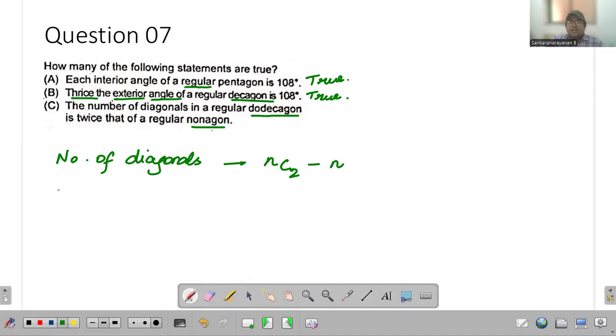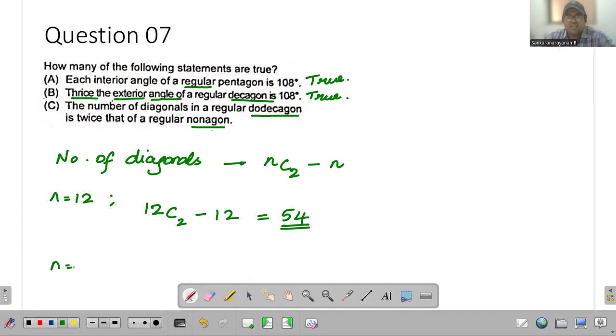So, for a regular dodecagon, when n is equal to 12, the number of diagonals will be 12C2 minus 12. And 12C2 is 12 into 11 divided by 1 into 2, that is 66, minus 12, it comes as 54. Okay, that is for the dodecagon.